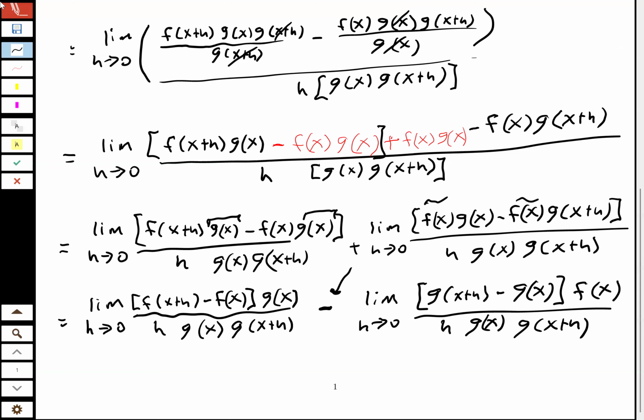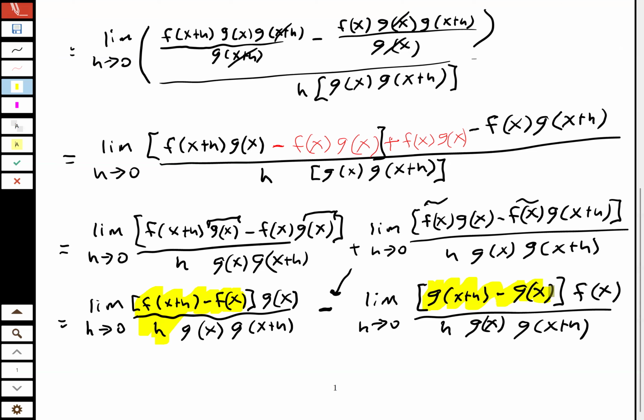Let's highlight some of these pieces together and let's see what's left. So for this first one here, I've got f of x plus h minus f of x all over h. That's the derivative of f. I've got g of x plus h minus g of x all over h. That yellow piece is the derivative of g.